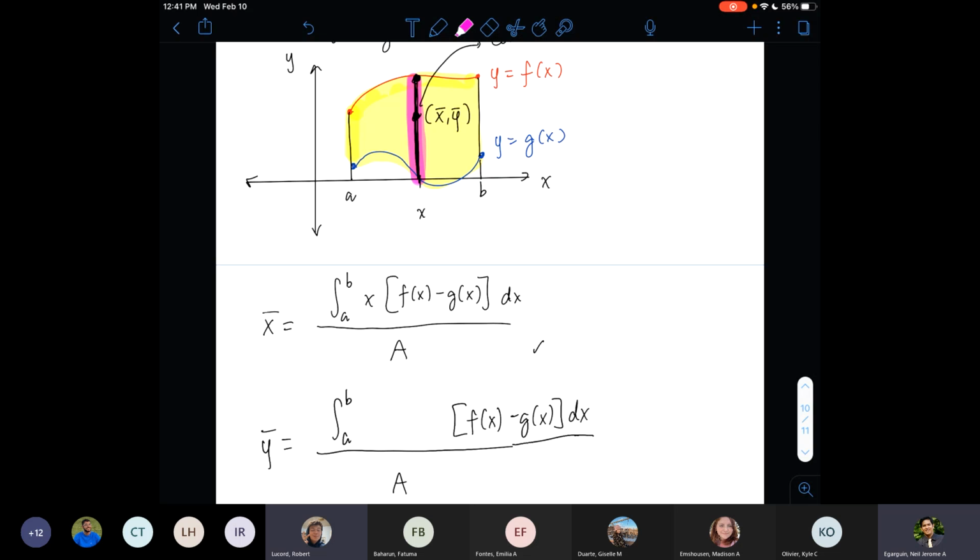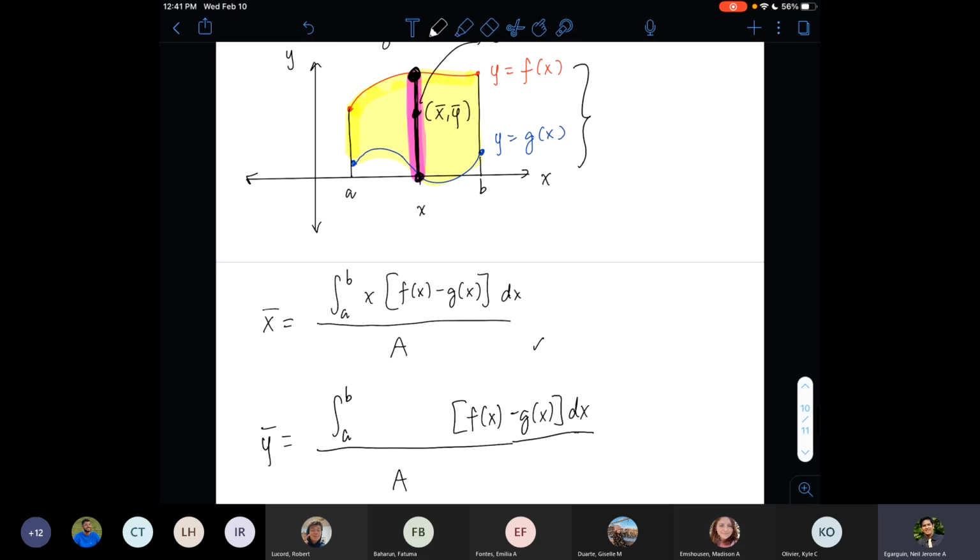Right. Oh, Fatuma, here I'm looking at the middle y value. Because remember, y bar is the geometric center. So I want the y's to be at the center to begin with. Well, I need to get the center of this vertical strip. So I'll take the average of f and g values, right?